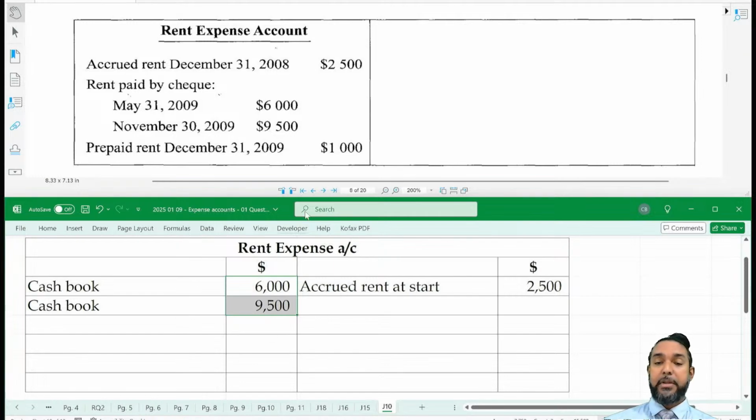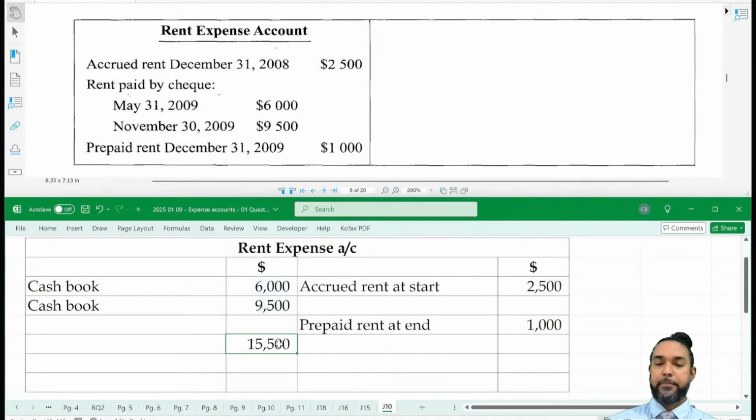Now a prepaid expense is an asset. Assets will have debit balances when they are brought down. Before you can be brought down, you have to be carried down. So if it's going to be brought down on the debit side, it has to initially be carried down from the credit side. So prepaid rent at end, the amount is 1,000.